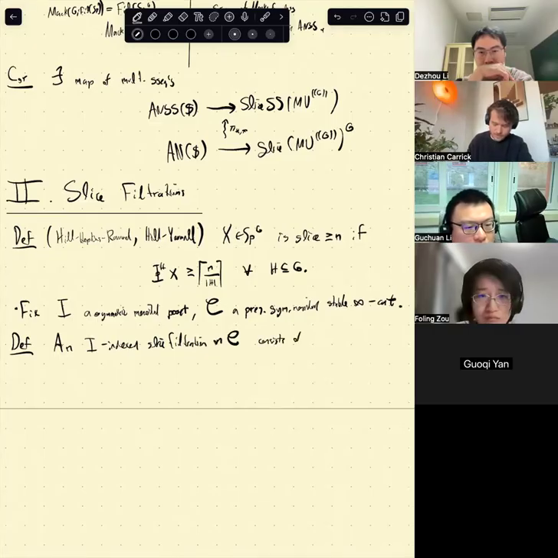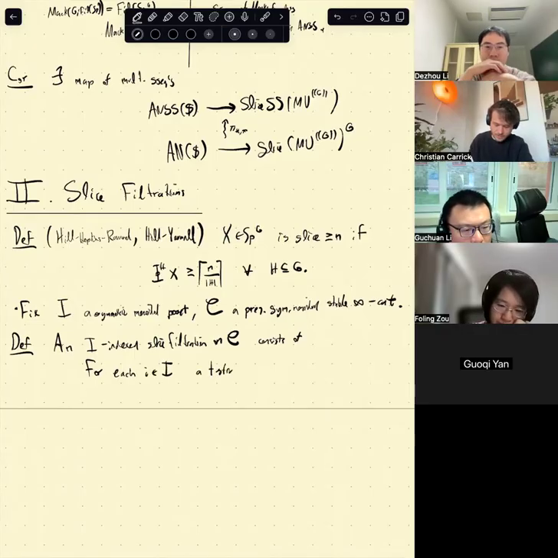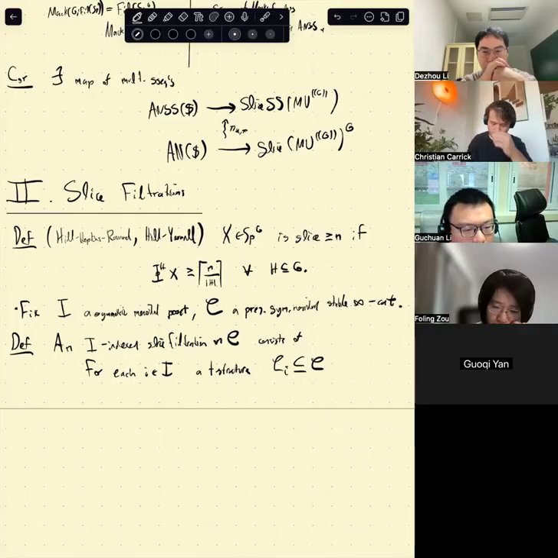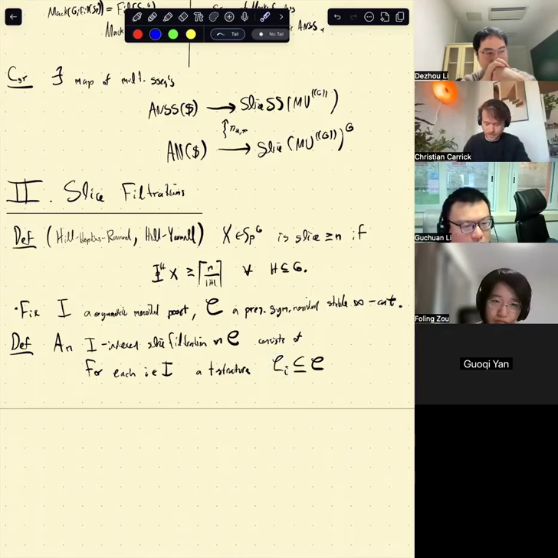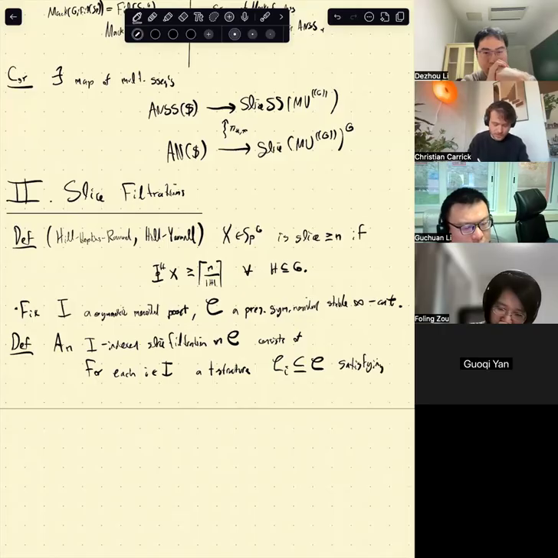It consists of the following data. So I want for each little i in big I, a T structure, C_i in C. I'm referring to T structures by their categories of connective objects. So there's a T structure and its connective objects is this subcategory C_i. And these T structures together should satisfy the following conditions.